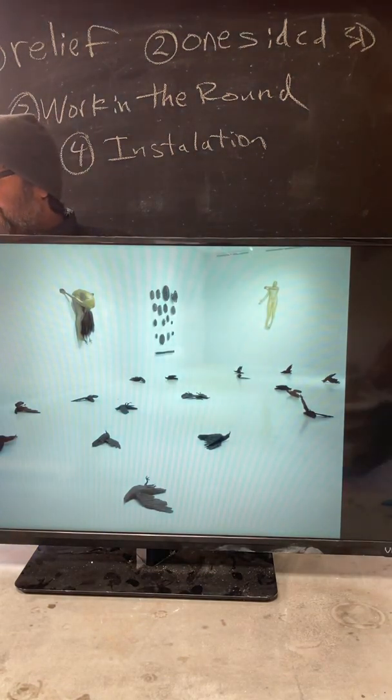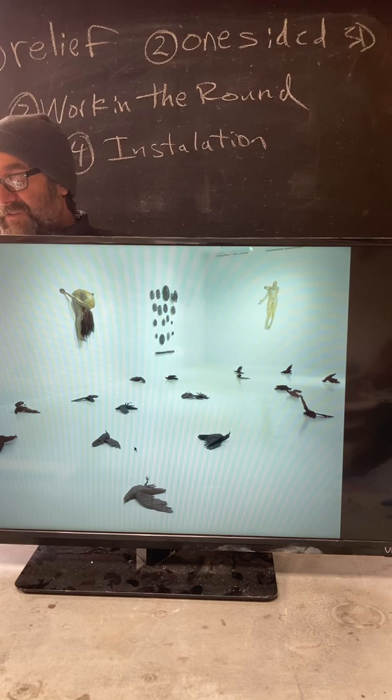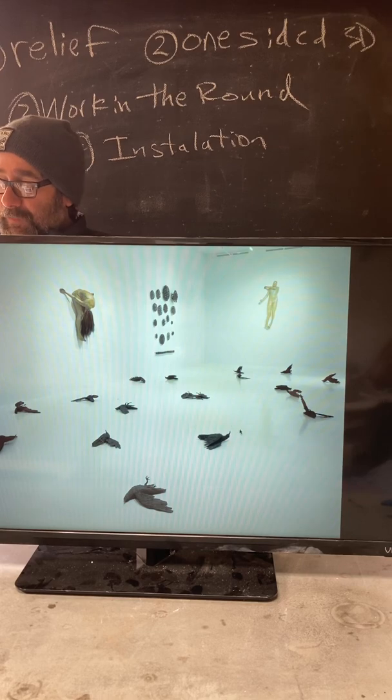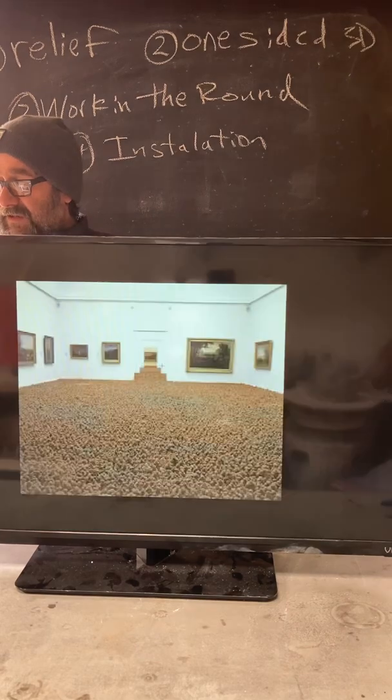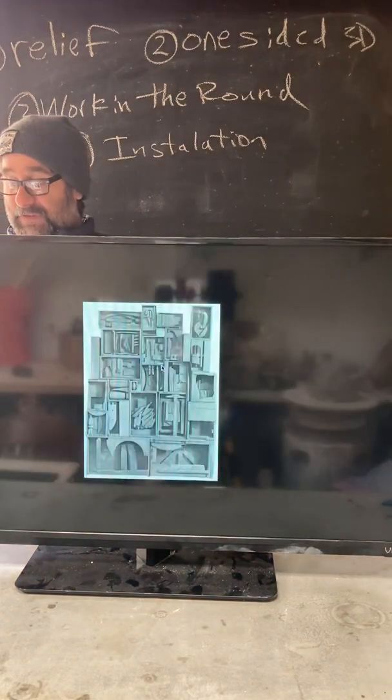Kiki Smith, if we disregard the pieces on the wall here and just focus on these birds, the birds are kind of controlling the space. I would call them works in the round. A lot of times the telltale of one-sided 3D work is that it's against the wall.